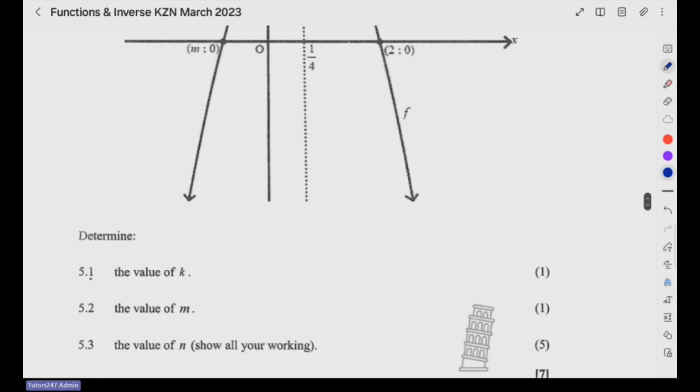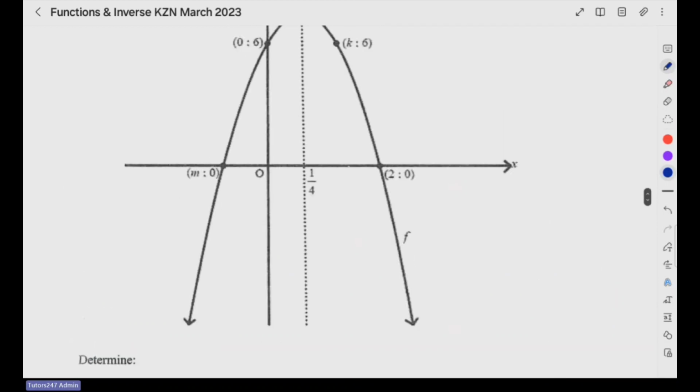Alternatively, like we mentioned before, if we try to calculate the distance between 1 over 4 and 2, we can state 2 minus 1 over 4. Let's see, how much does that give me on my calculator? I get 1.75. So that means the distance between 1 over 4 and 2 is 1.75.